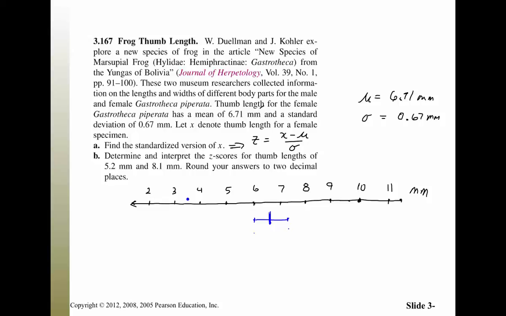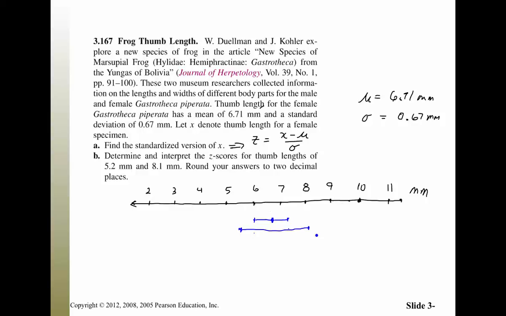Then what is our next, from 2 standard deviations below to 2 standard deviations above? What are those numbers? 5.37 to 8.0 something. Okay, so there's that range. And what's significant about that range?